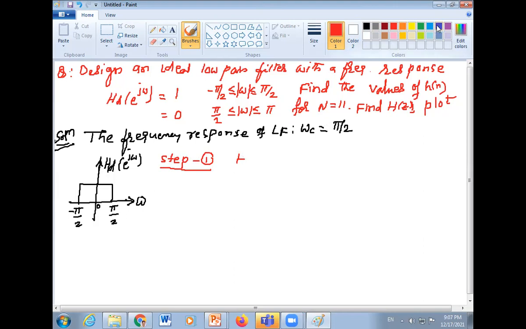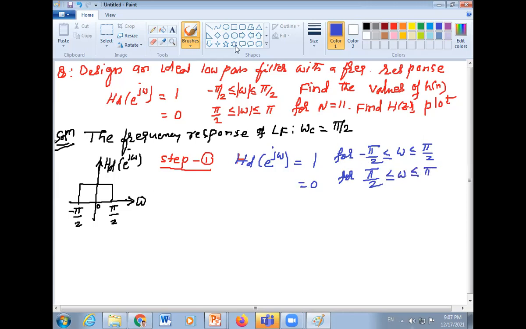The given or desired frequency response, Hd of e power j omega, is 1 for minus pi by 2 less than or equal to omega less than or equal to pi by 2, and is 0 for pi by 2 less than or equal to omega less than or equal to pi. This is our step 1.